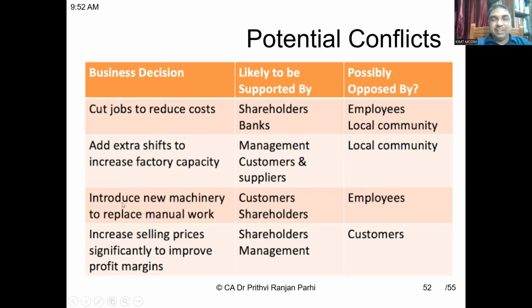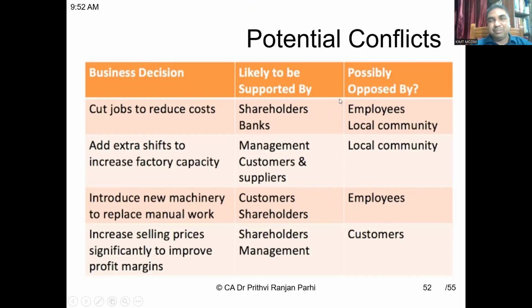Another decision is to introduce new machinery to replace the manual work. Customers and shareholders will be happy. Employees may be unhappy that they may lose their jobs. One more decision you see, increase selling prices significantly to improve profit margin. Shareholders or management will be happy, but consumers will be unhappy.